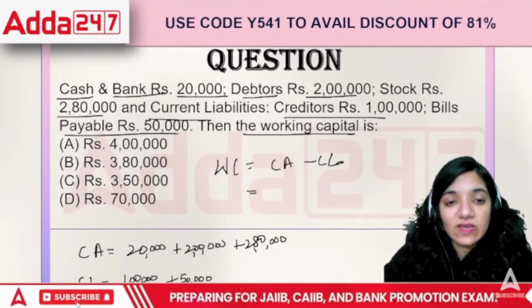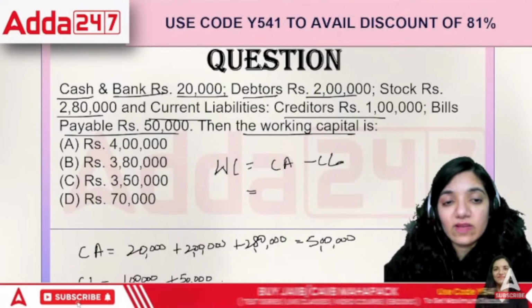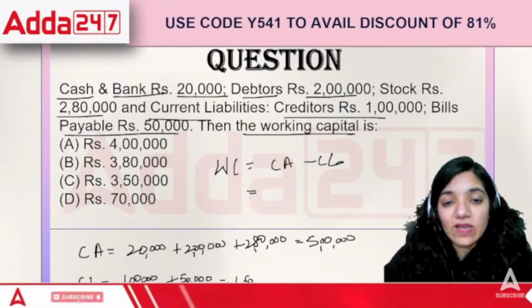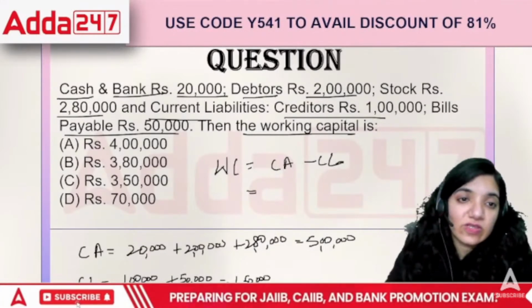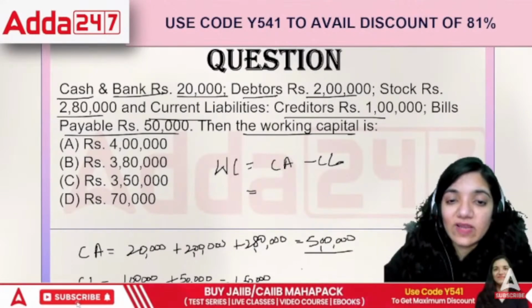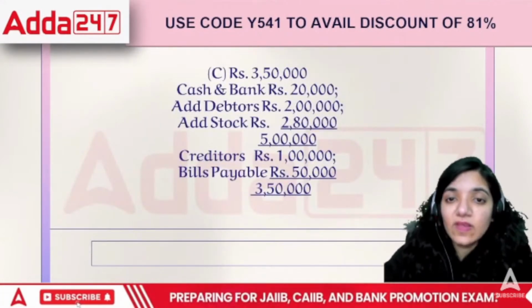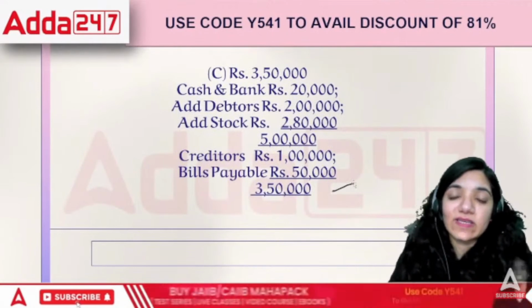So the current assets are a total of 5 lakh while the current liabilities are a total of 1 lakh 50,000. So what would be the working capital? Just deduct 1 lakh 50,000 from 5 lakh, giving us a value of 3 lakh 50,000. That is our working capital.